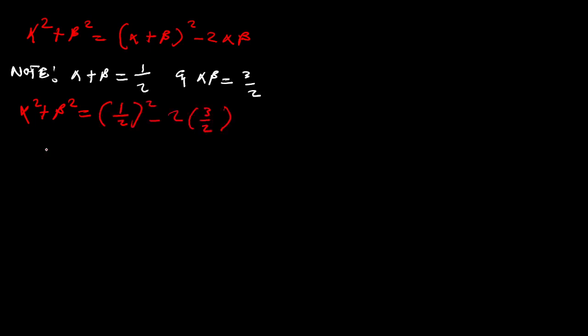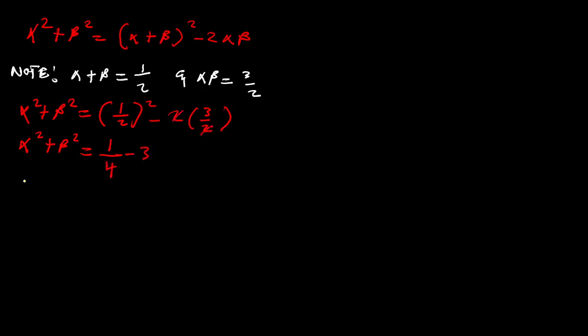After you do that, alpha squared plus beta squared is simply equal to 1 over 2 squared, which is 1 over 4, and then 2 there, 1, 2 there, 1, so you're going to have negative 3.